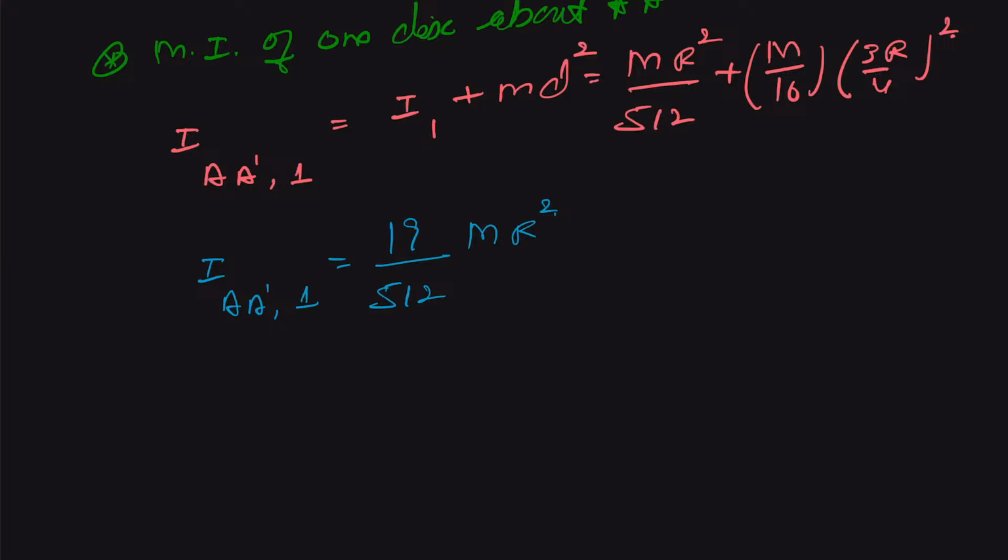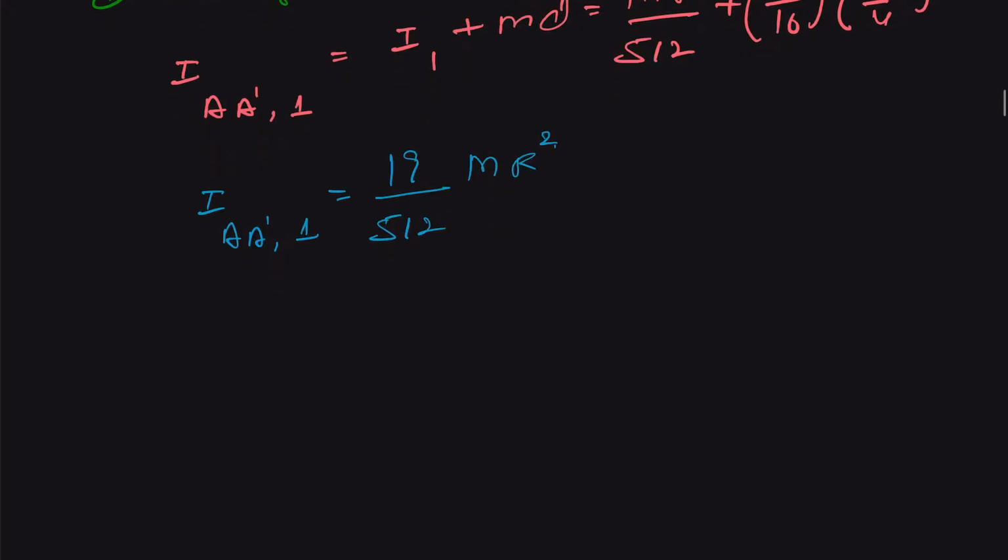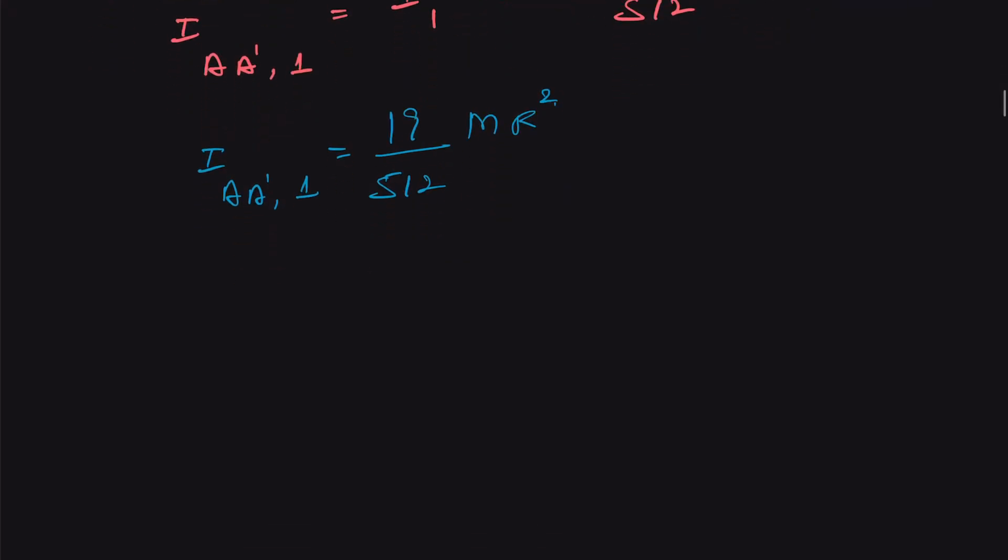Now the second disk is same, identical. Therefore you can say that the moment of inertia I prime because of the second disk will also be equal to 19 upon 512 mr square.